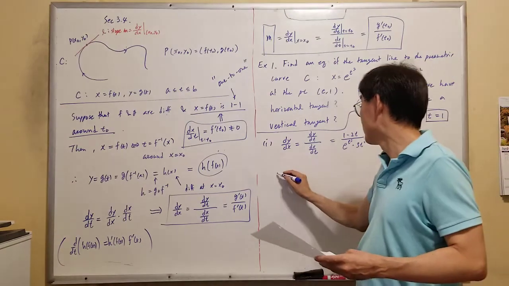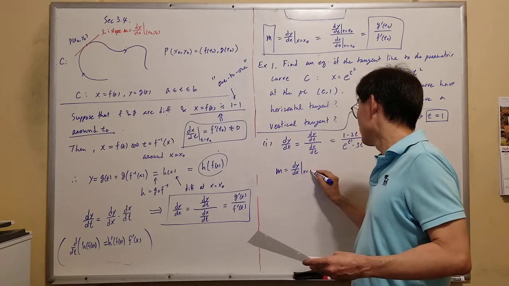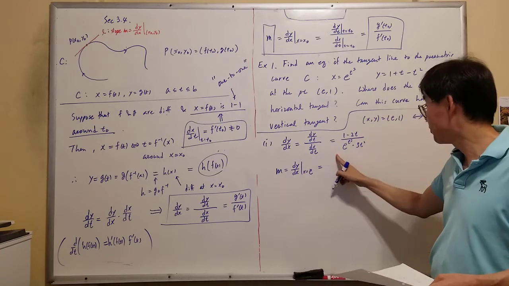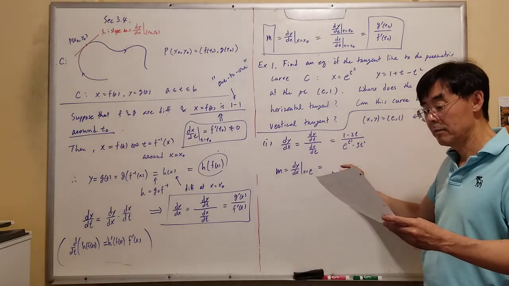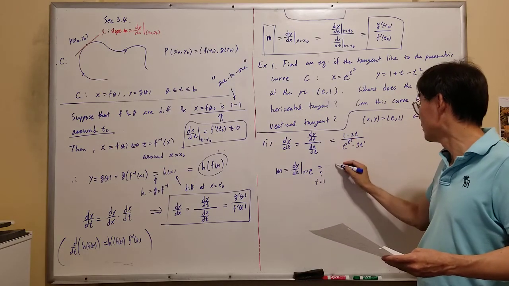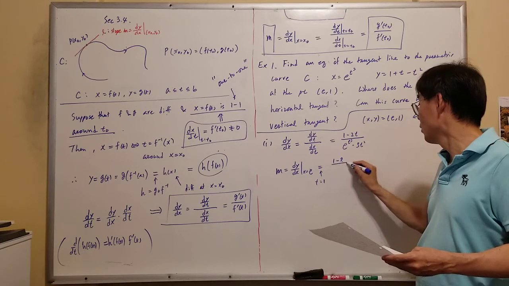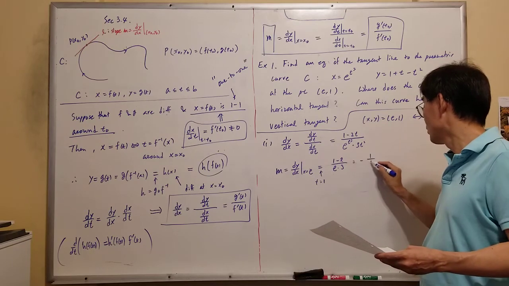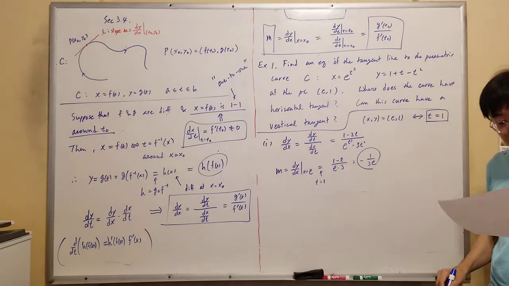Okay, so slope, dy over dx when x equals e, is just this one. When t equals 1, plug it in: 1 minus 2 times 1 over e to the 1 times 3, negative 1 over 3e. Okay, so that's the slope.